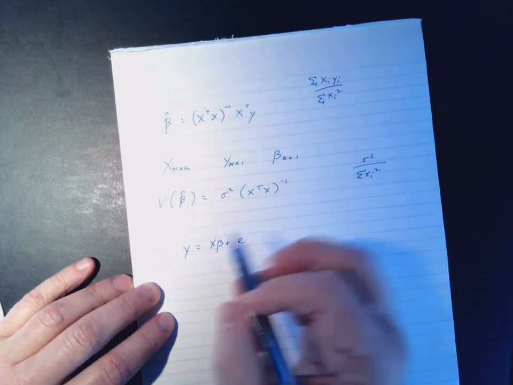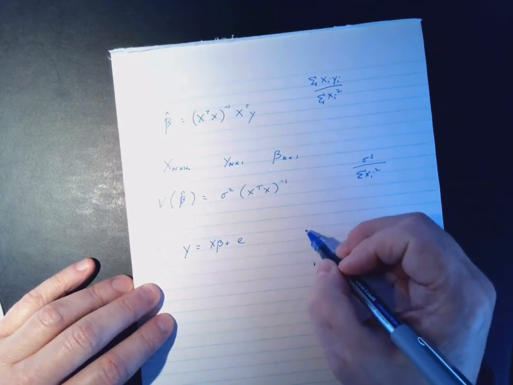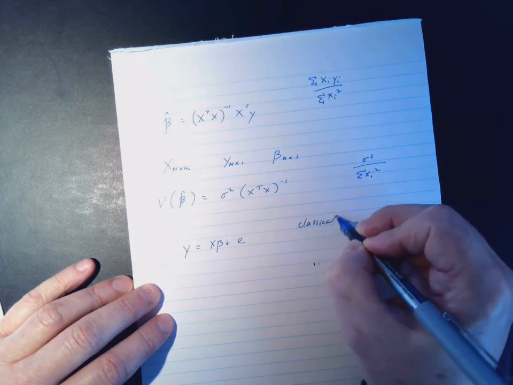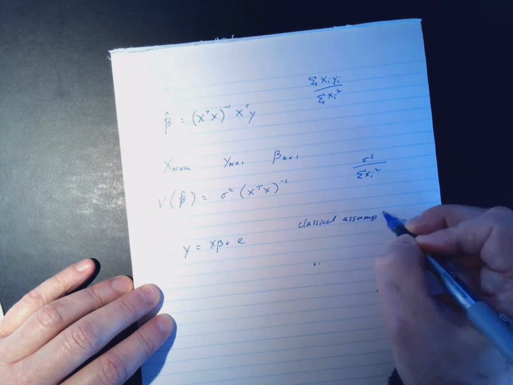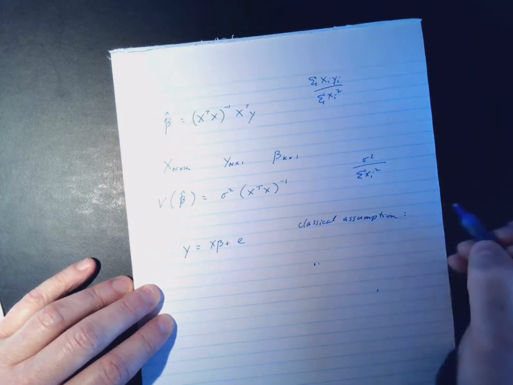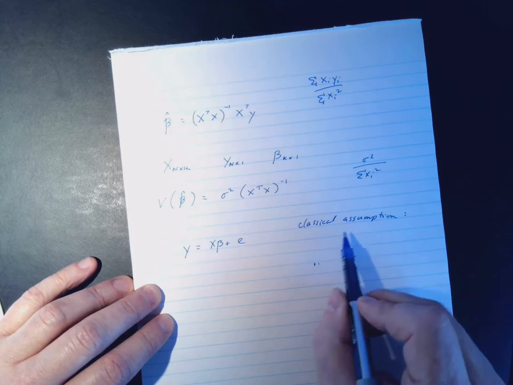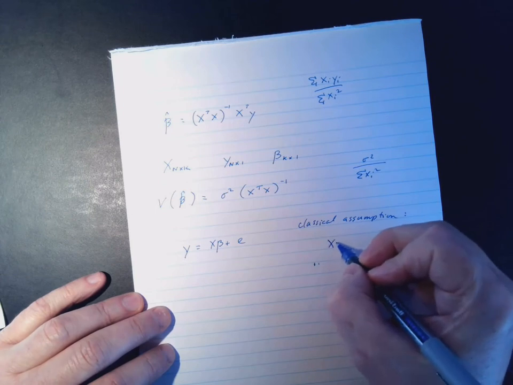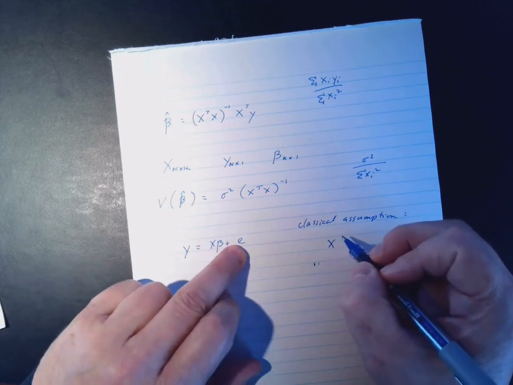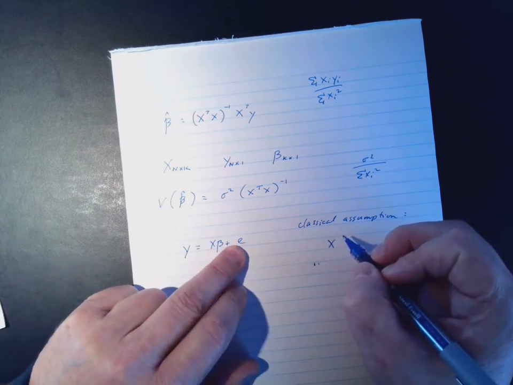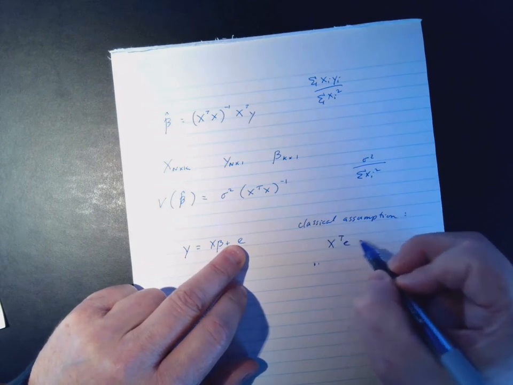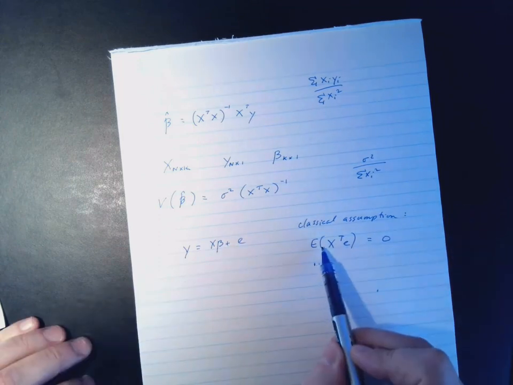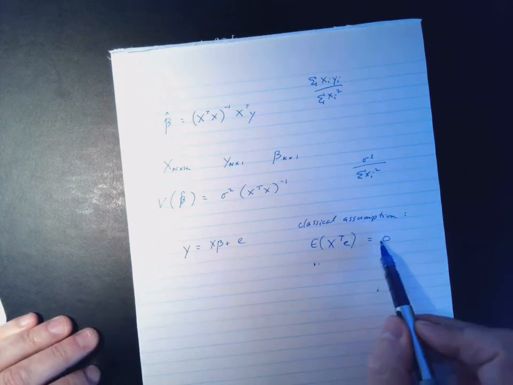Okay, now you remember that one of the least squares, or one of the classical assumptions, is that the x's are non-random. The formal way of saying it is that the x's are uncorrelated with the e's, and that means the expected value of X transpose e equals 0.